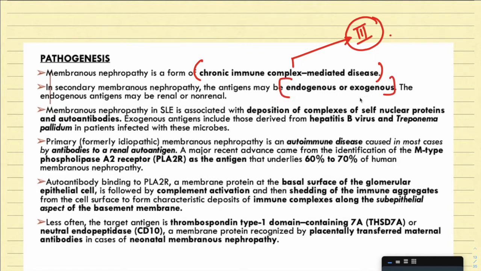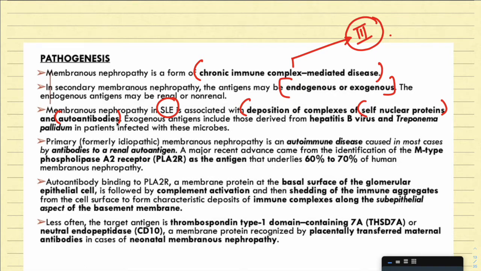Now membranous nephropathy in case of SLE is associated with deposition of complexes containing the antigen in the form of self nuclear proteins. The body's nuclear proteins or DNA proteins are themselves acting as a source of antigen, and the autoantibodies in SLE react with these self nuclear proteins and form immune complexes.